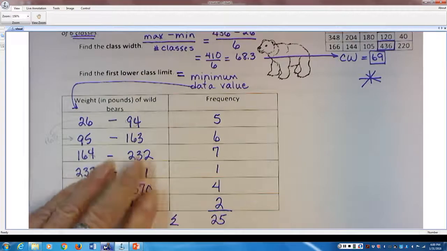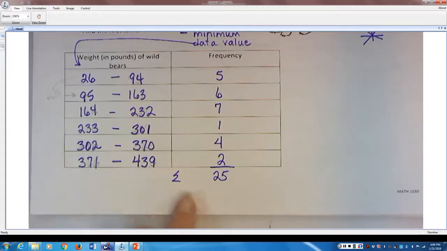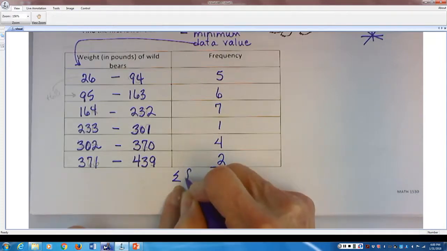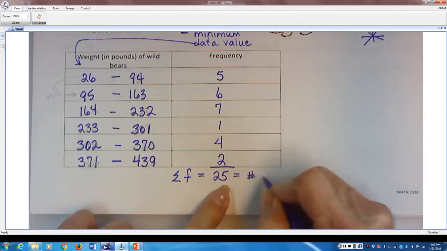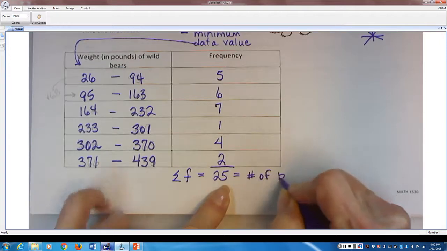That symbol that I just made there, looks like a backwards 3, is called a summation symbol. It means add them up. The sum of the frequencies was 25, which was the same as the number of bears.